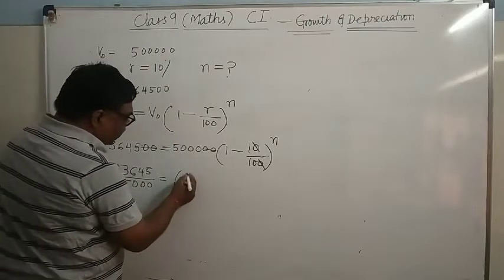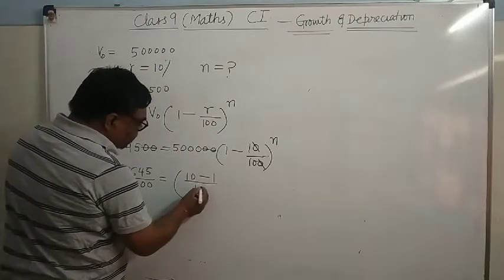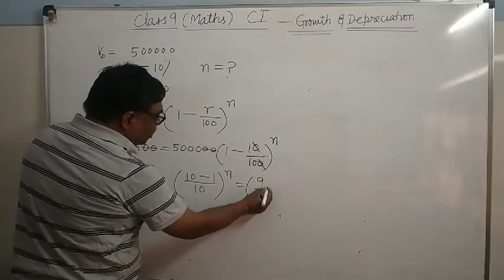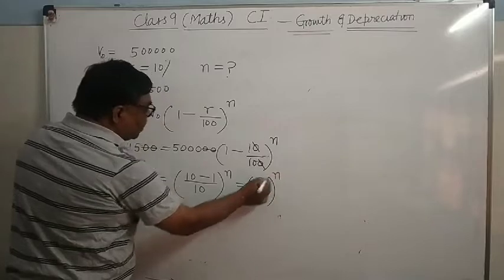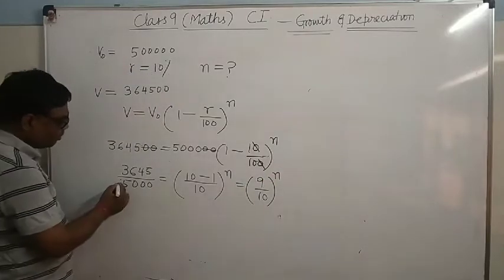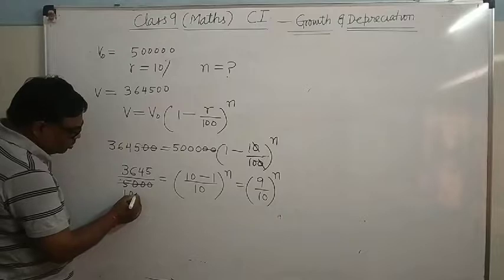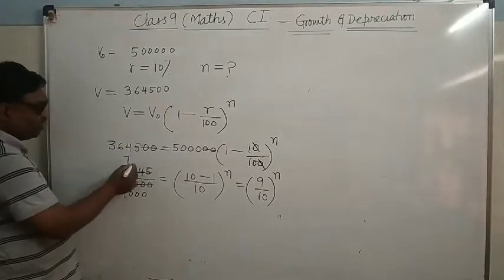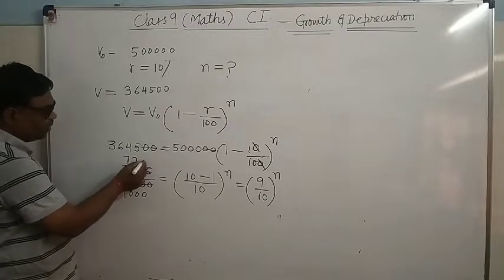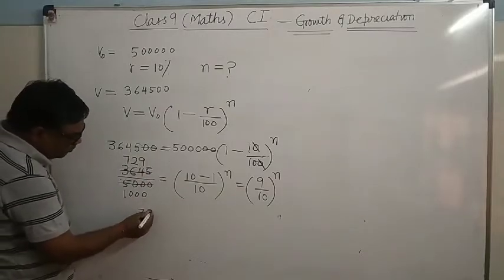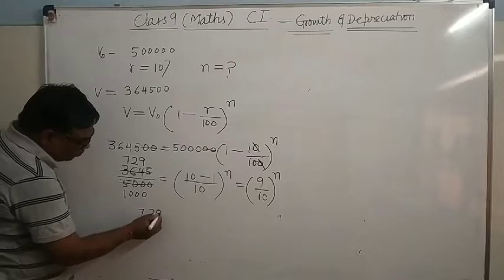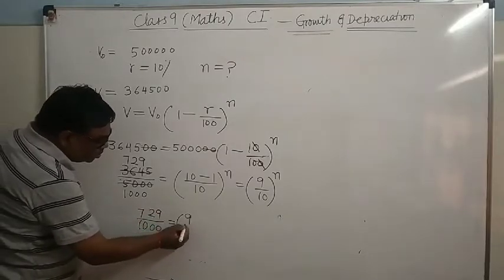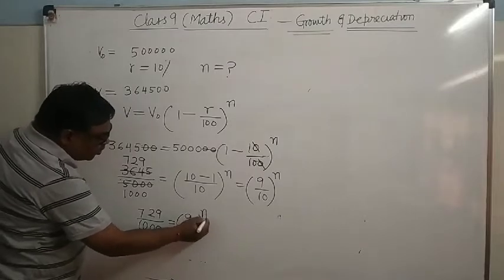When you will simplify, here 10 minus 1 upon 10 whole to the power n, that is 9 upon 10 whole to the power n. It's clear. Now you cancel it by 5. So it is 1000 and this is 5 7 ja 35, 5 2 ja 10, 5 9 ja 45. So it is 729 upon 1000 equals 9 upon 10 whole to the power n.